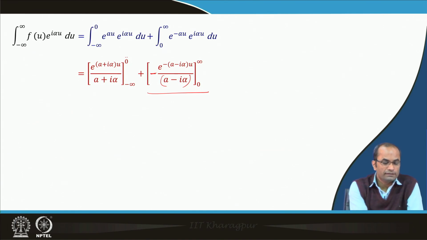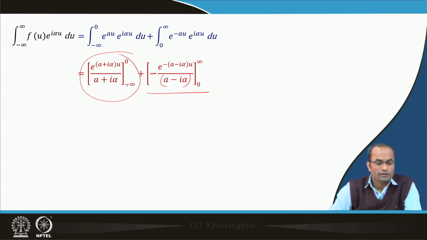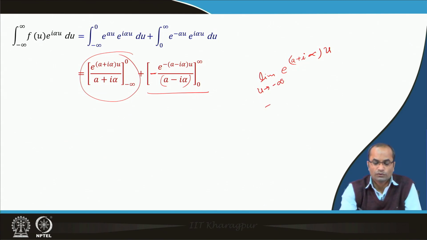So, if we look at this first one, when we put u equal to 0, we have e power 0, so this will be 1 over a plus I alpha, and then we take the limit at minus infinity. So, we have e power (a plus I alpha) u, and the limit of u is going to minus infinity. So, what do we have?